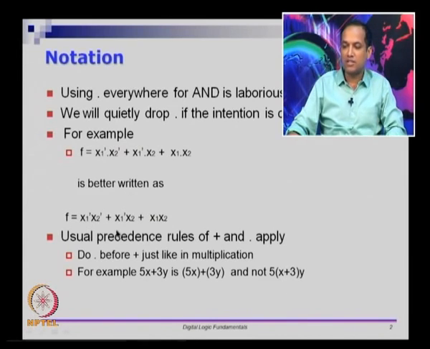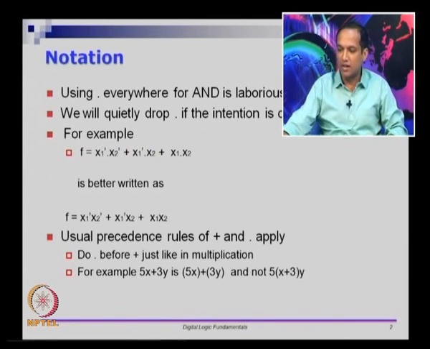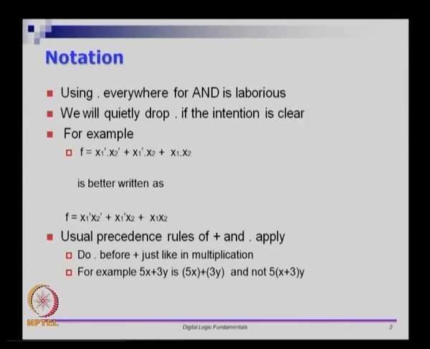When you read this expression, this is x1 complement x2 complement logically ORed with x1 complement x2. It is not x1 complement x2 complement or x1 complement. So you have to be careful about how these things are grouped. Sometimes we will use parentheses explicitly, sometimes you should use the basic rules of precedence that you have in algebra, just carry it over here.